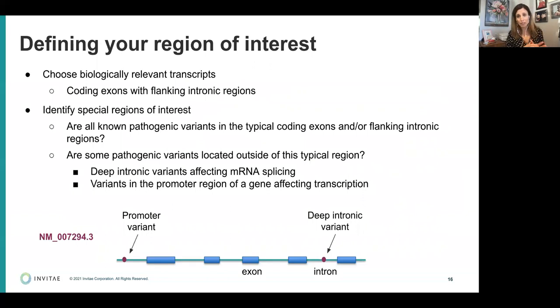On the back end, before a genetic test is even run, there are a lot of important technical considerations that a laboratory puts into place before designing an assay. So one is the laboratory is going to ensure that they are choosing a transcript of the gene that is associated with the disease in question.